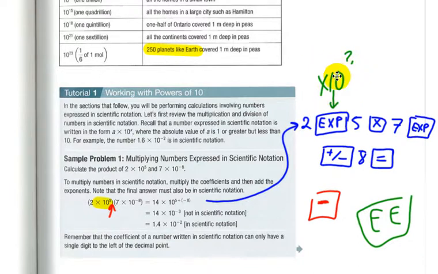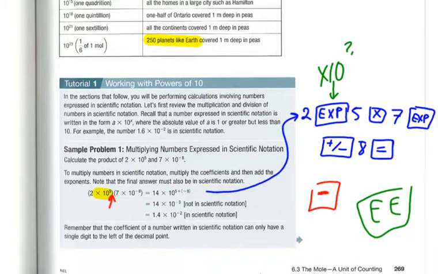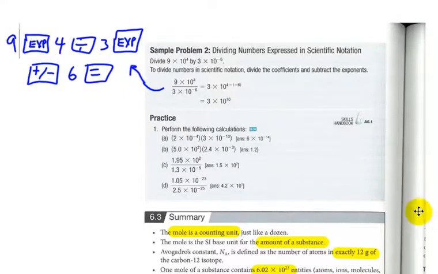It represents times 10 to the whatever exponent you're about to enter. So to type in 2 times 10 to the 5, it would be 2 EXP 5, then multiplied by the next number. So use the EXP button because you'll run into issues, especially if the scientific notation number is in the denominator of the problem that's in question.